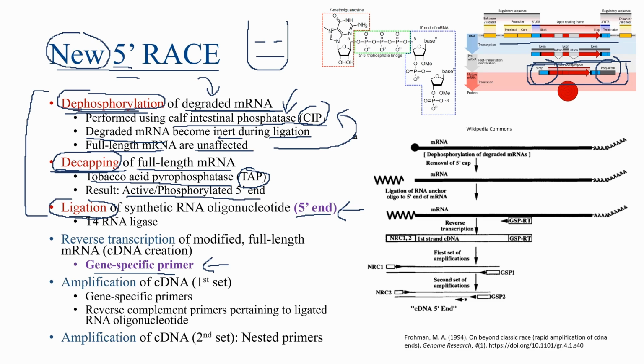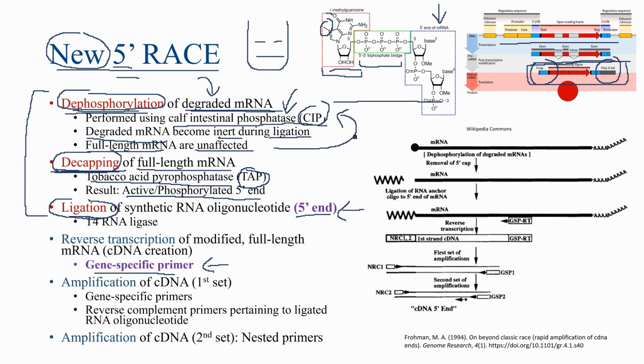So what do I mean by that? If you take a look at this figure to the left, you can see that you have the 5' end of a messenger RNA. To the 5' end, you have a triphosphate connected with a 7-methylguanosine cap. It's called 7-methylguanosine cap because you have a methyl group attached to the 7th position on this guanosine.